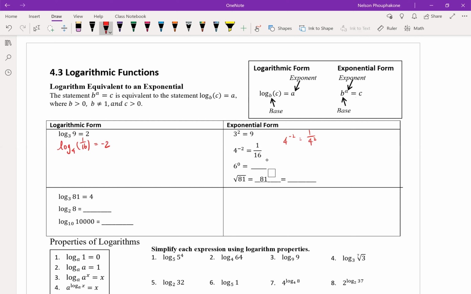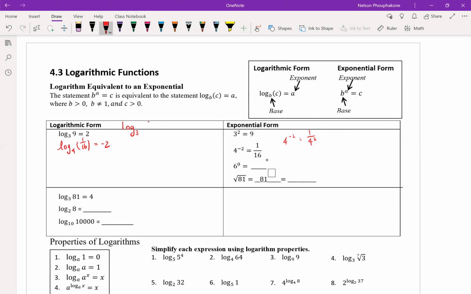Now sometimes I would like to talk about how we write the log. For example, log base 3 of 9 equal to 2. You could consider that you have two lines here. Then you put log here, and the 3, the base, is a little bit smaller, put under the line.